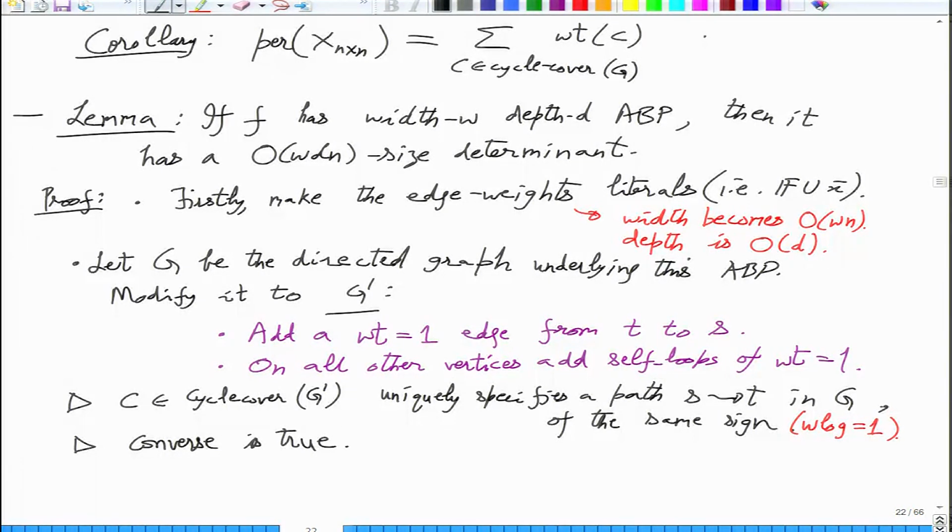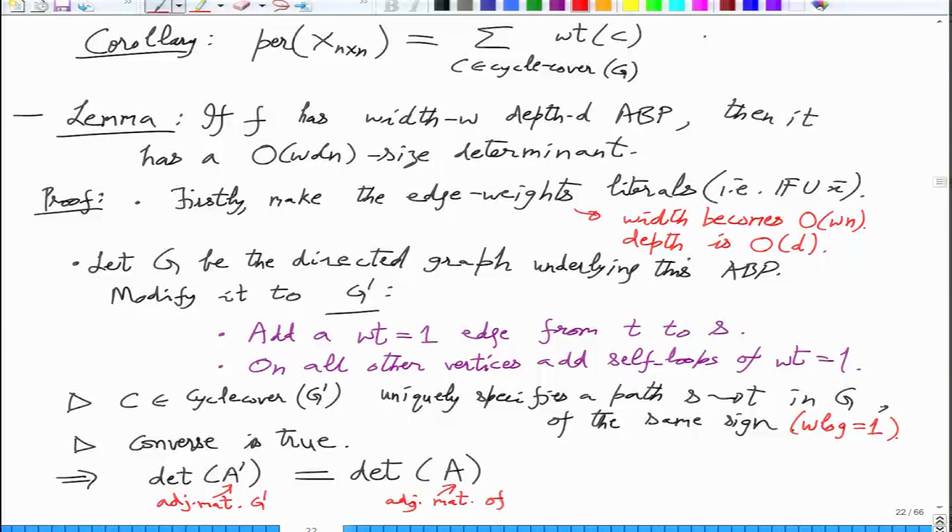So this sets up the bijection, and then the two things imply that the determinant of A prime, which is the adjacency matrix of G prime, is the same as the determinant of A, the adjacency matrix of G.